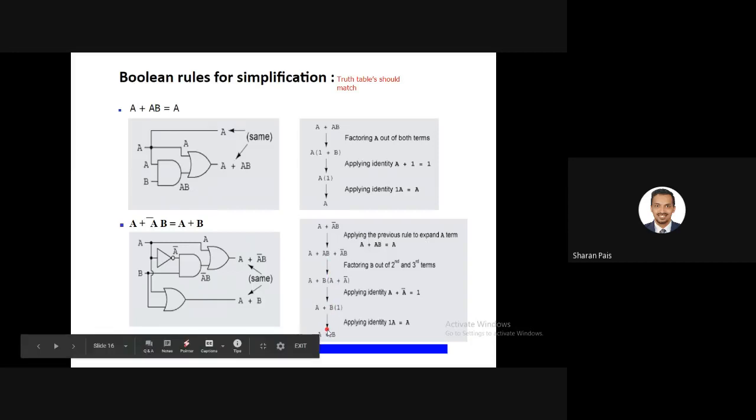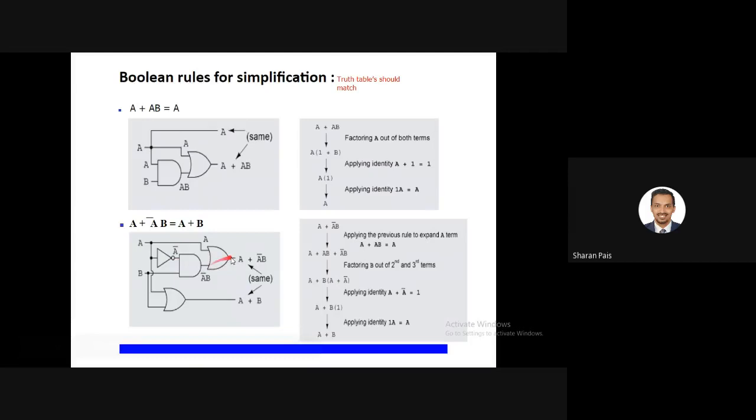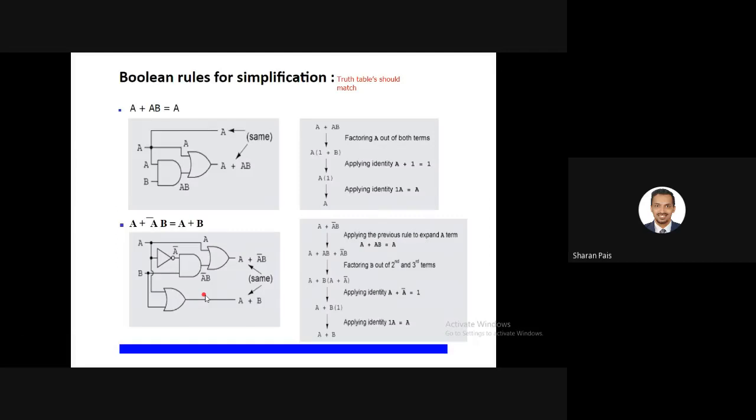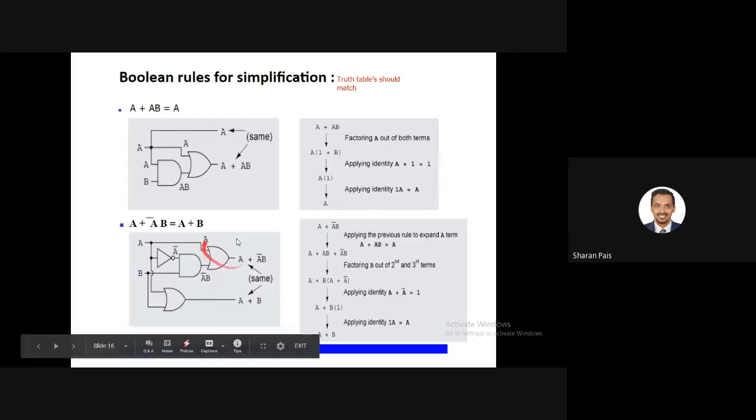Whenever you are simplifying, you got the answer A plus B. Means I don't want 3 logic gates, one OR gate I have and A and B as the signals, then enough. So whatever results generated with A plus A bar B is same like A plus B. So no need to have 3 logic gates, one OR gate is enough. So one question will be there something like this to simplify.